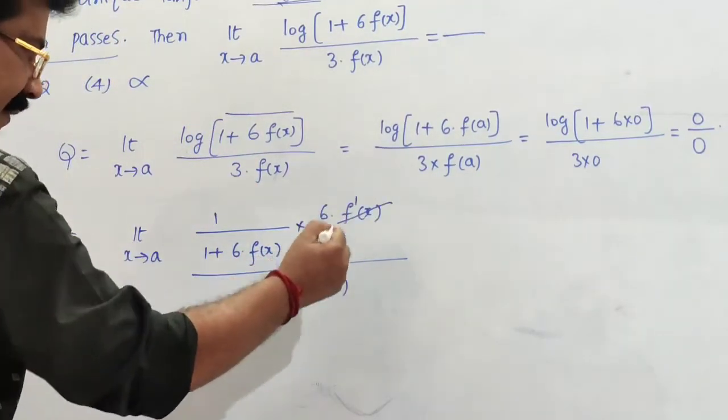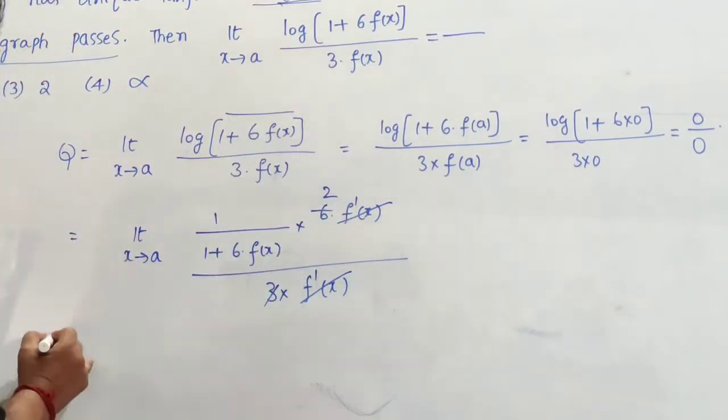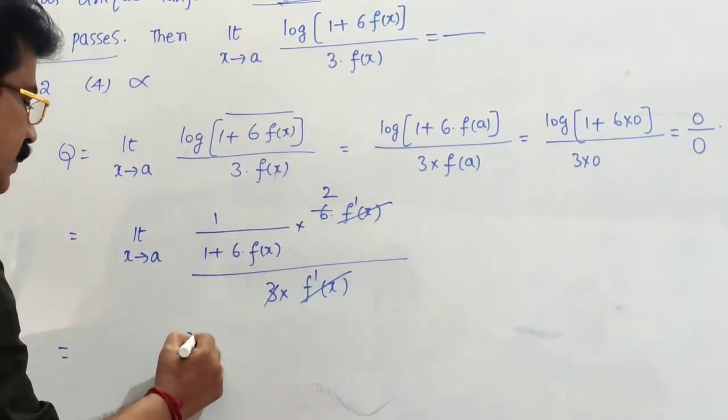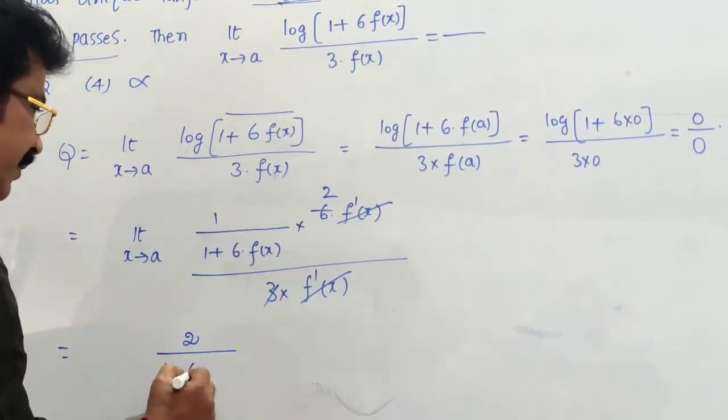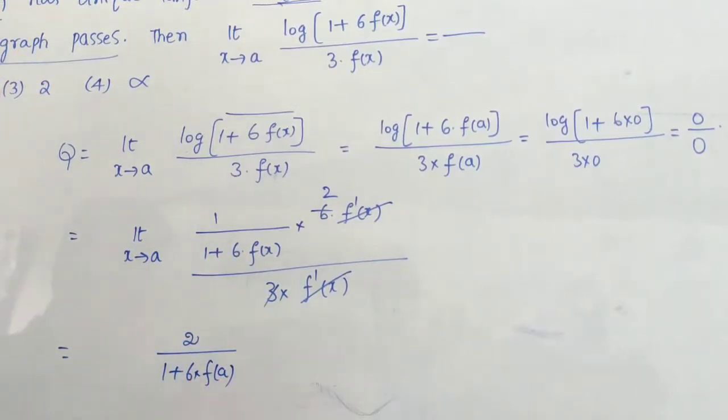Clearly f dash of x cancels. Next, 3 2s are 6, that is equal to 1 into 2 divided by 1 plus 6 into f of a, by putting x equal to a.